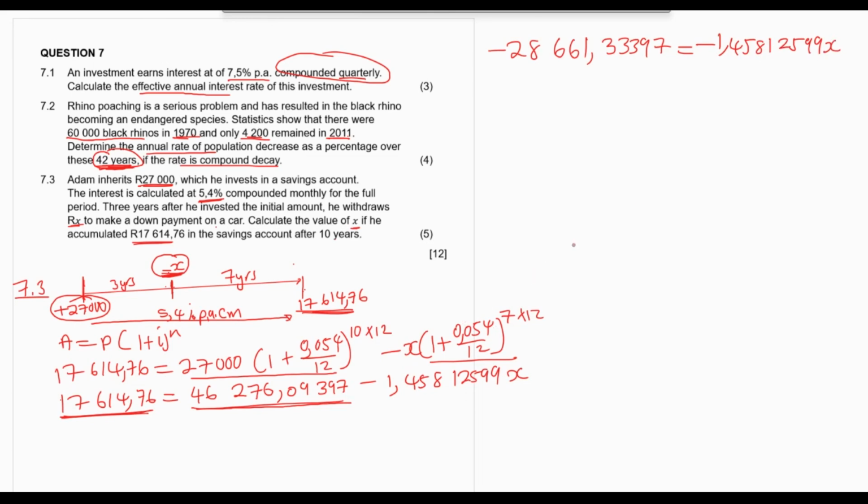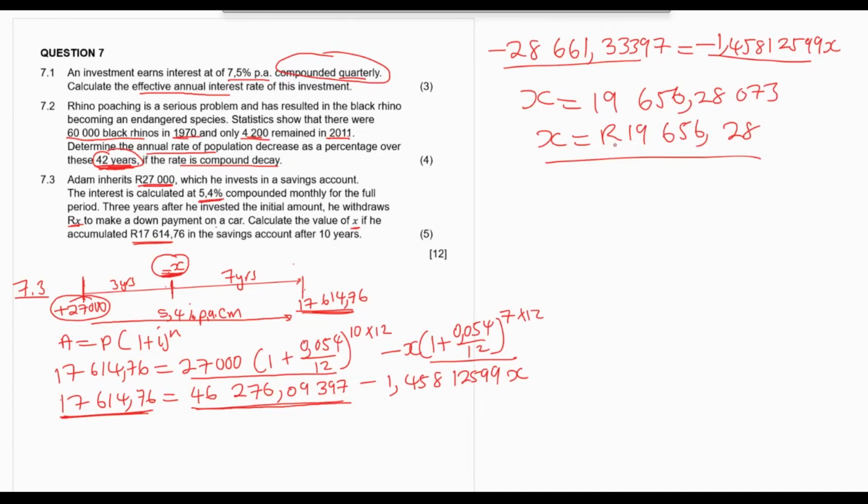And then divide by this amount on both sides of the equation. You'll get that x is equal to 19,656.28073. Round off to 2 decimal places. This is 19,656 rand and 28 cents.